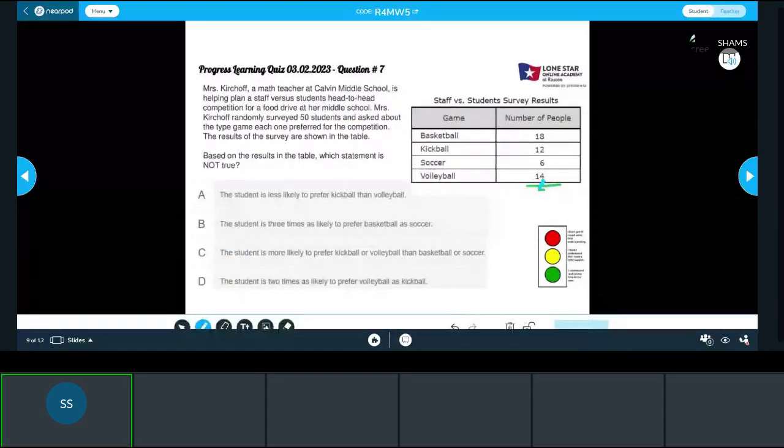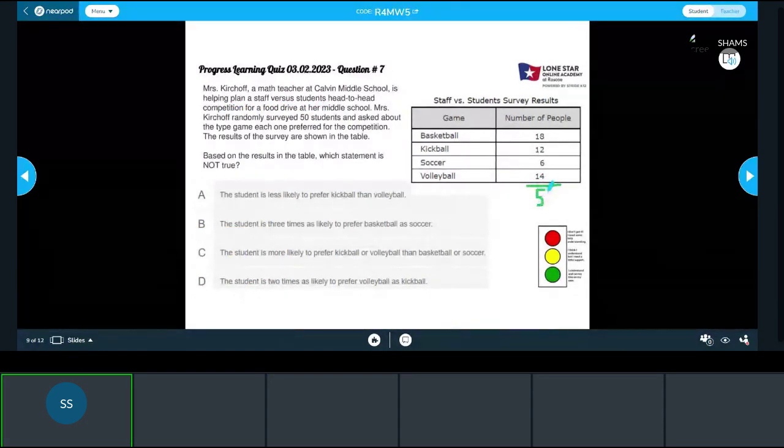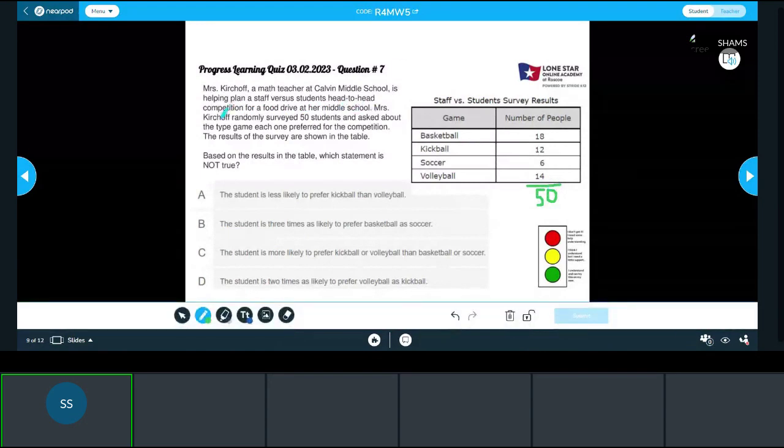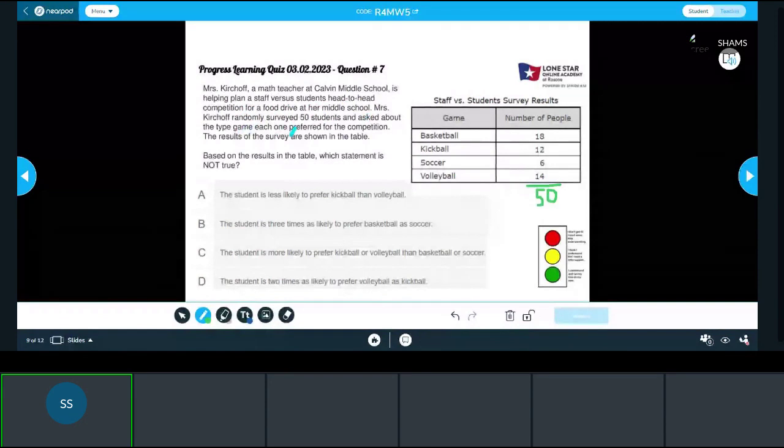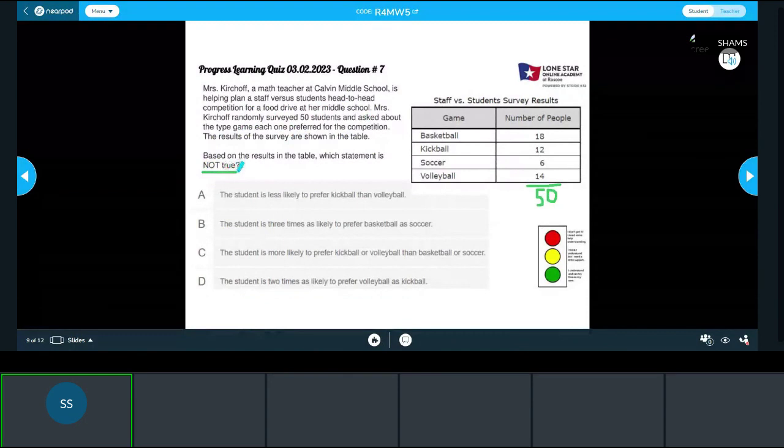The question tells me that, so I'm going to trust it. And asked about the type of game each one preferred for the competition. The results of the survey are shown in the table. Based on the results in the table, which statement is not true? Which statement is false?